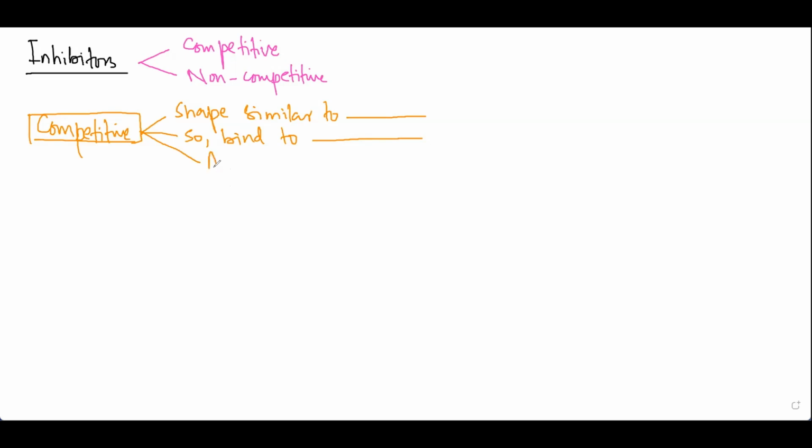And are in competition. Competitive inhibitors bind to the active site, very good. Competitive inhibitors are in competition with substrate.